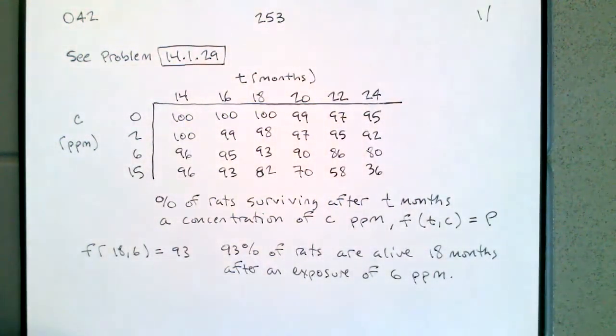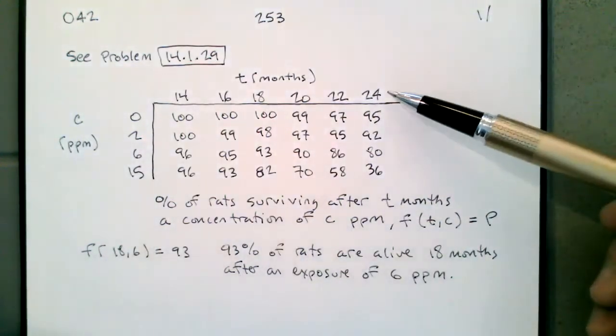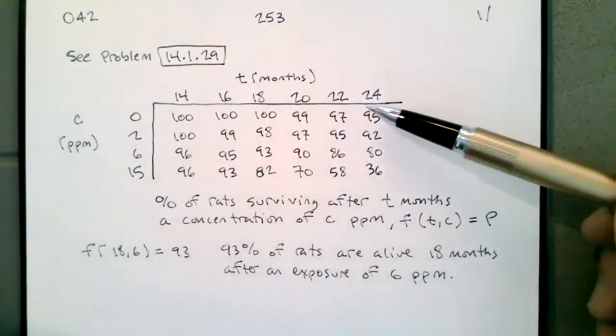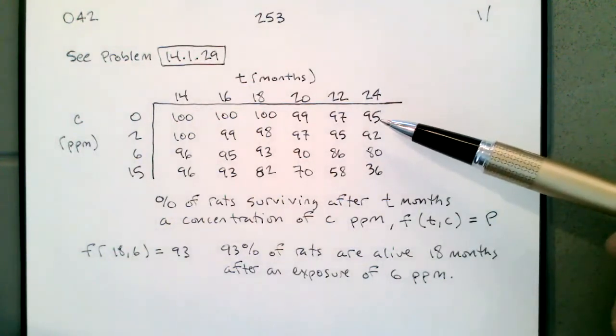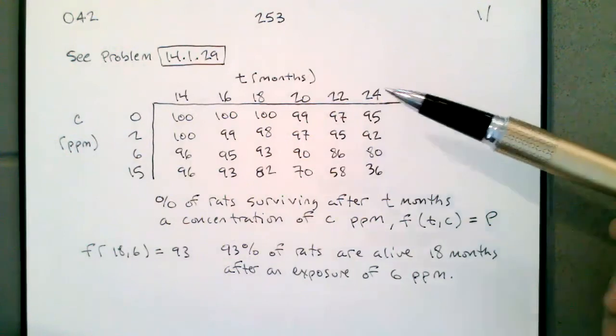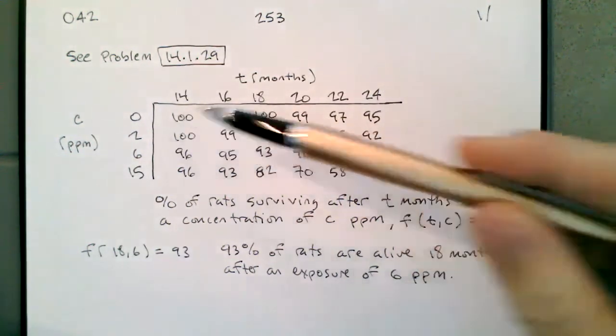That's just how we interpret the values in the table. Looks like f of 24,0 is 95. 95% of the rats are still alive 24 months after an exposure of 0 parts per million.